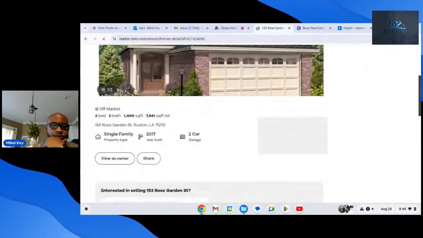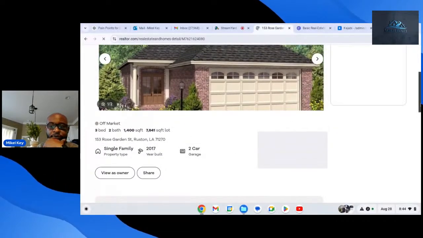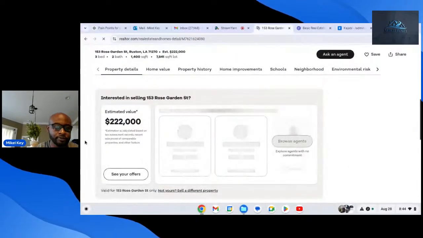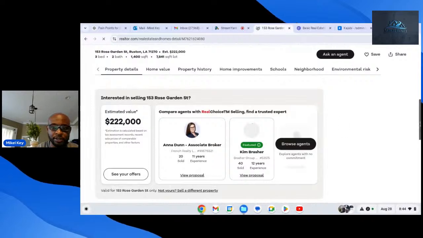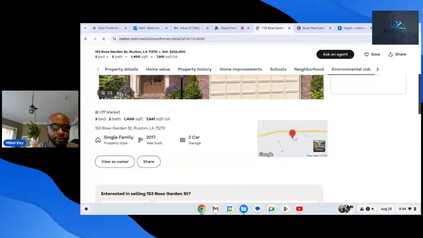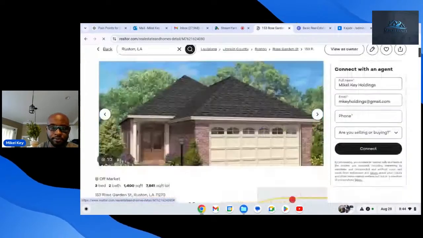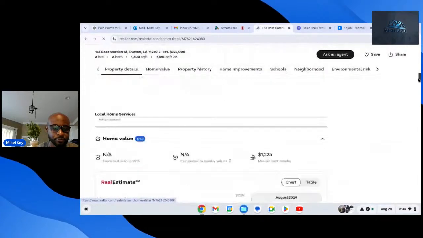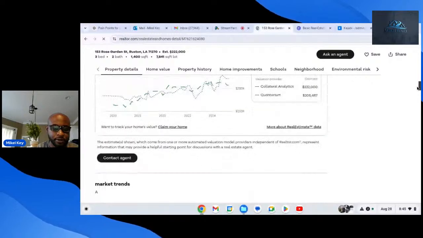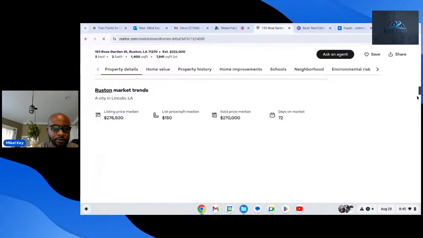So this is an off market property, 3-bedroom, 2-bath, 1,400 square feet. And this is on realtor.com, guys. Estimated value $222,000. Now, let's go down.